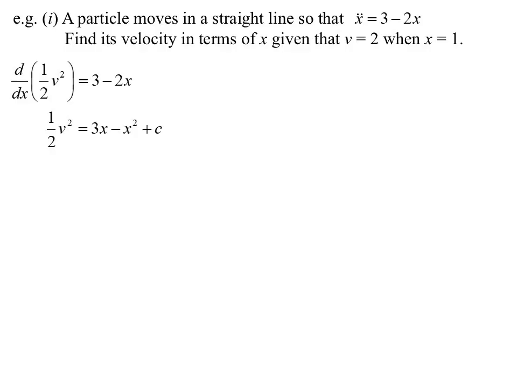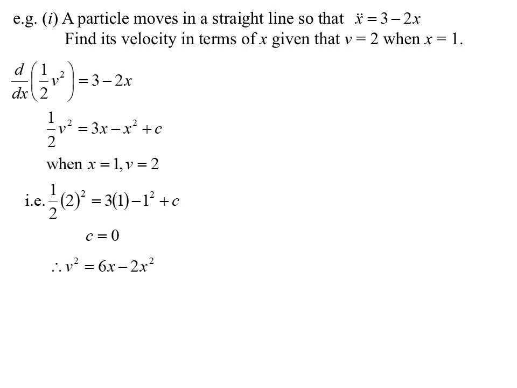If I was to integrate both sides, I get a half v squared is 3x minus x squared plus some constant. We can find that constant. They've given us some initial conditions. With x equals 1, v equals 2, sub in. So if I'd forgotten about my constant, in this case I would have got lucky because the constant turned out to be 0. So velocity squared is 6x minus 2x squared, which means velocity is plus or minus the square root of 6x minus 2x squared.